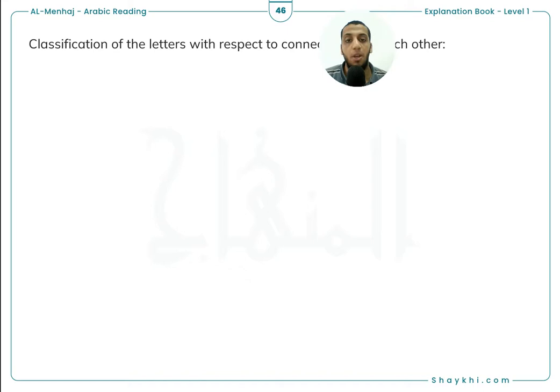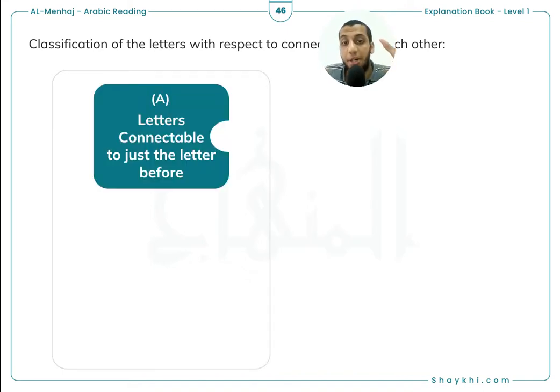What does that mean? First of all, we have the first group, which is the letters that are connectable to just the letter before. Now we have a letter in the middle of a word, and it's connected to the letter before and not connectable to the letter after it.